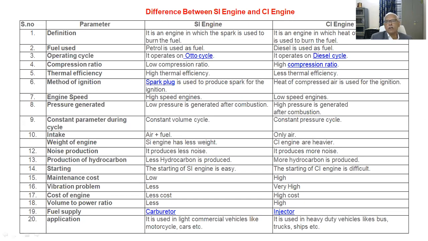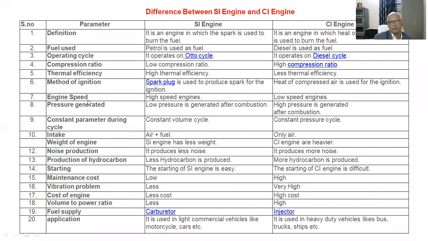In the case of the CI engine, the heat of compressed air is used for the fuel. The fuel droplets entering through the injector start burning, and once everything mixes, it burns and a sort of explosion happens at constant pressure.